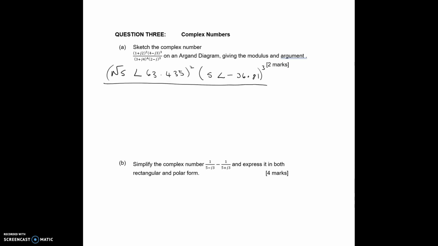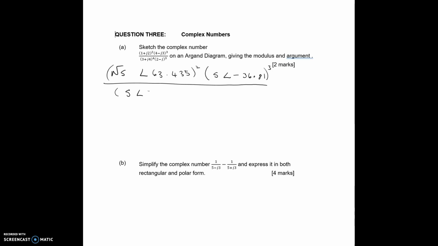That's got to be divided by 5 angle 53.13 to the power of 4 times root 5 angle negative 26.565 to the power of 3.